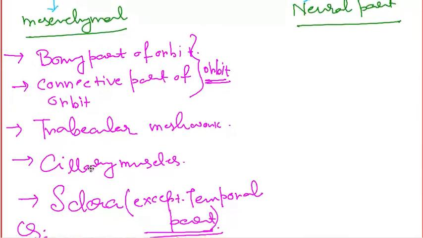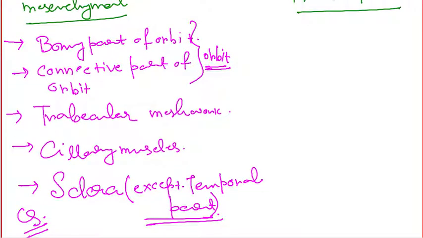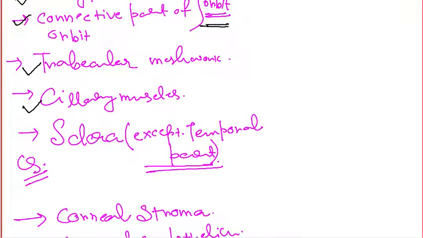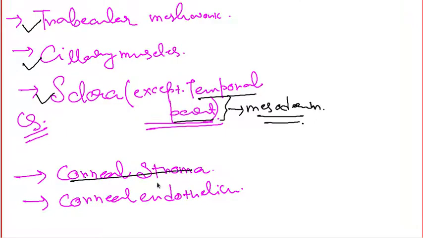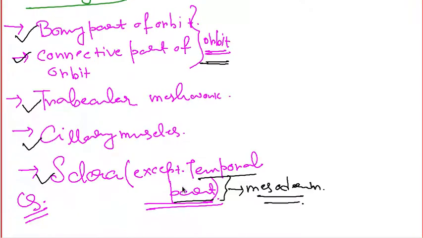So these structures are derived from the mesenchymal part, that is bony part of the orbit, connective part of the orbit. So that means the orbit, trabecular meshwork, ciliary muscles, scleral part except the temporal part which is derived from mesoderm, and the corneal stroma and corneal endothelium.